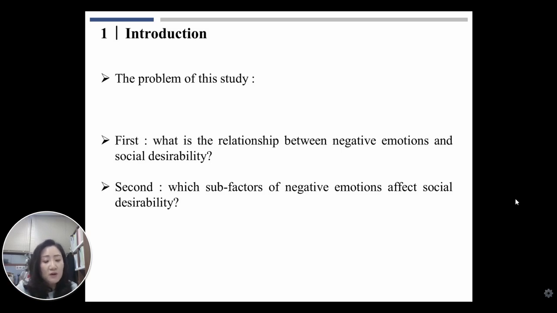The problems of this study, according to its purpose, are as follows. First, what is the relationship between negative emotion and social desirability? Second, which sub-factor of negative emotion affects social desirability?